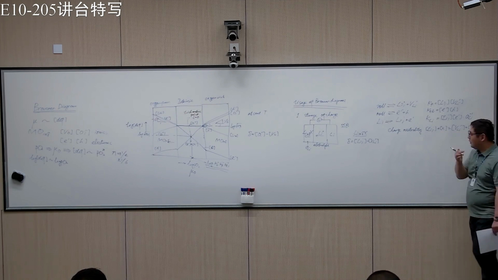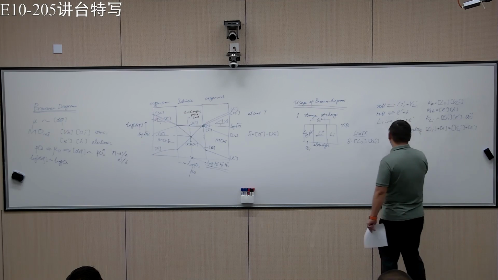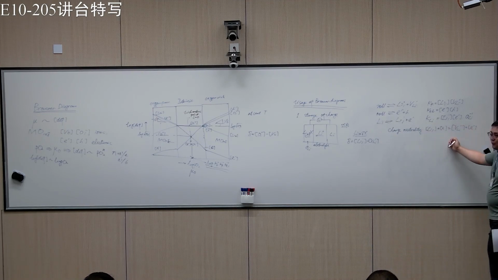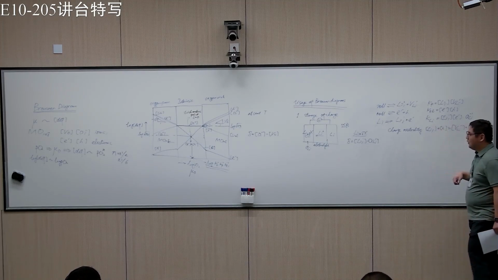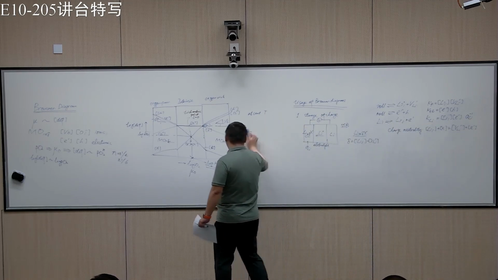Okay. So what we can do is draw the Brouwer diagram of the lithium-containing compound. Essentially, we can simplify the charge neutrality conditions. Again, we're going to go through this same thing again, just as a practice.